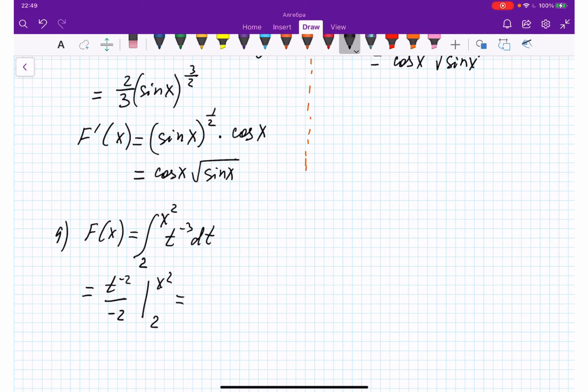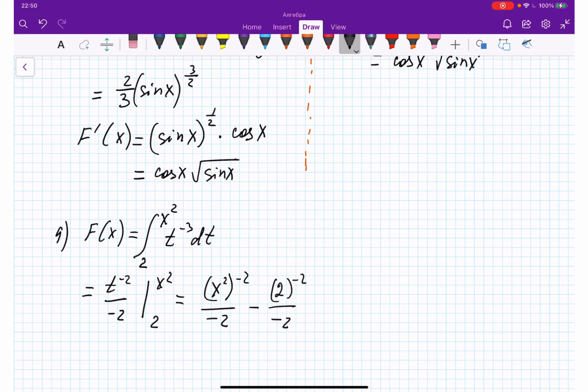Okay, so let's replace x squared to the power negative 2 over negative 2 minus 2 to the power negative 2 over negative 2.